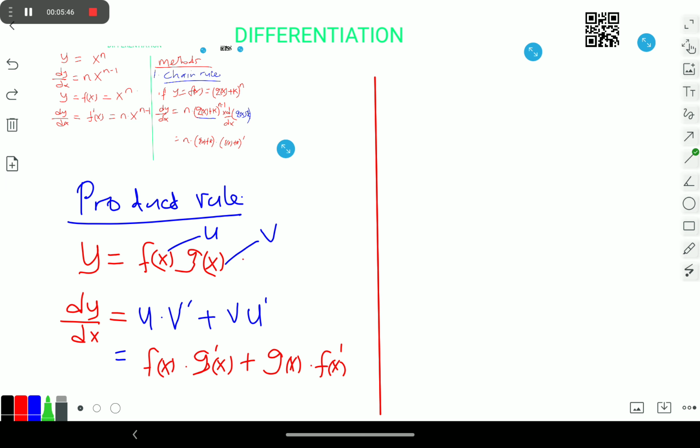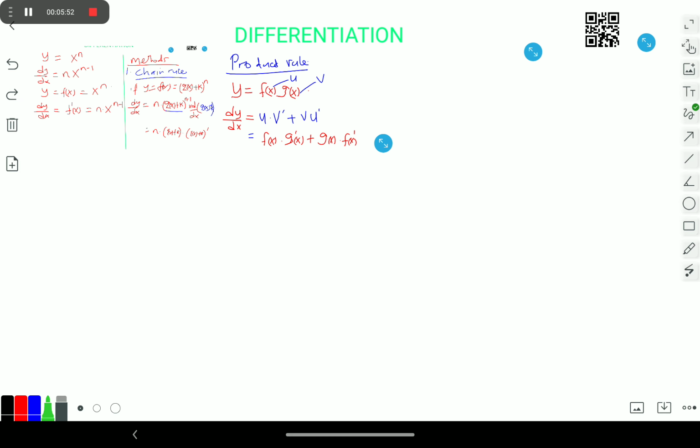Now we'll go to the next one, which is the quotient rule. The quotient rule also works on two functions, f(x) and g(x).